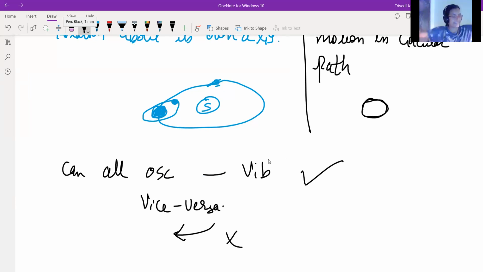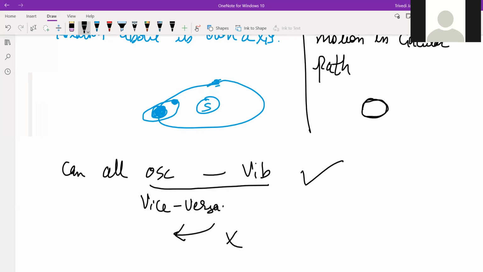If I give an example for each, all oscillation is vibrating. Anyhow, vibrating of an object is oscillation. But if I assume the vibration of a guitar string, it is also vibrating. Or a tabla, if you bang it, it is also vibration of that portion, the diaphragm.